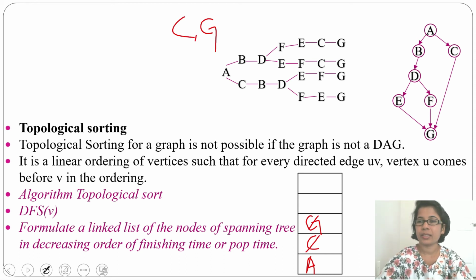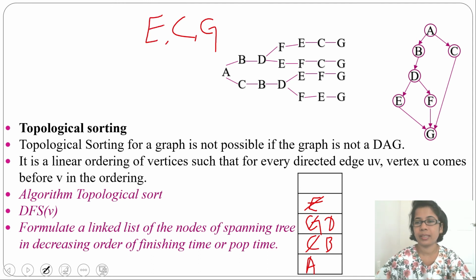Then A's adjacent B is left, just push B. Then B's adjacent D is left, just push D. Then D's adjacent E is left, just push E. Then G we have already visited, so we'll not push G. Now is any adjacent of E left? No, so just pop E. Whenever you are popping, you just write in the list.